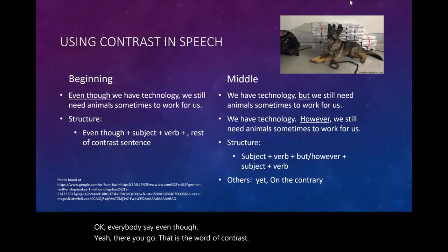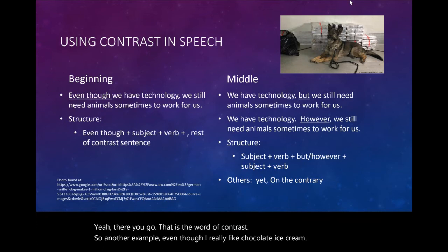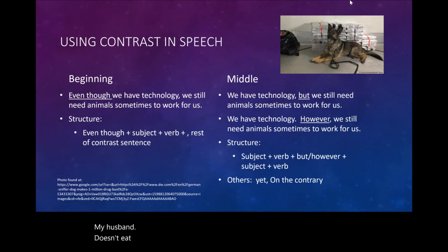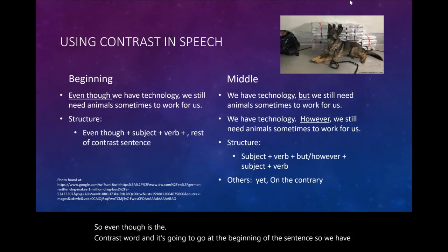So another example, even though I really like chocolate ice cream, my husband doesn't eat it. He wants vanilla ice cream. You see that? There's the contrast. So even though is the contrast word, and it's going to go at the beginning of the sentence. So we have even though, and then we have a subject and verb.